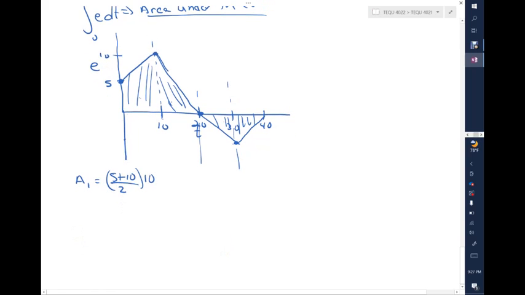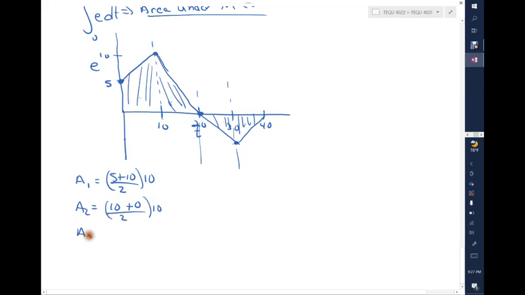All right, so how about area 2? Area 2 will be the average height, 10 plus 0 divided by 2 times 10.